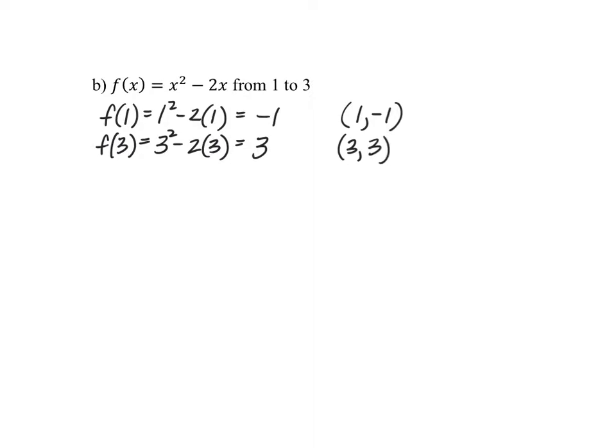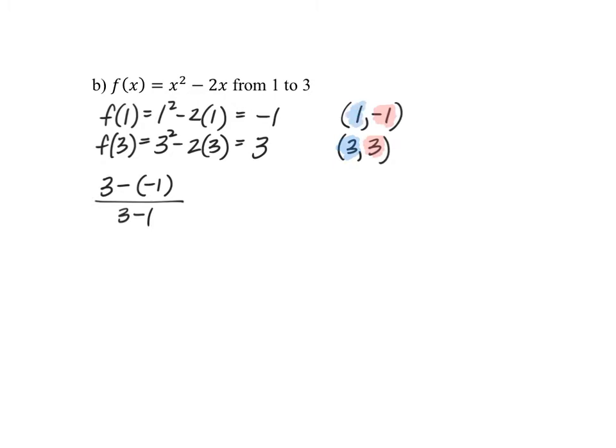So now we'll compute our slope, which will be 3 minus negative 1. So again, that was my y value of 3 minus the other y value, which is negative 1, divided by 3 minus 1, the corresponding x values.